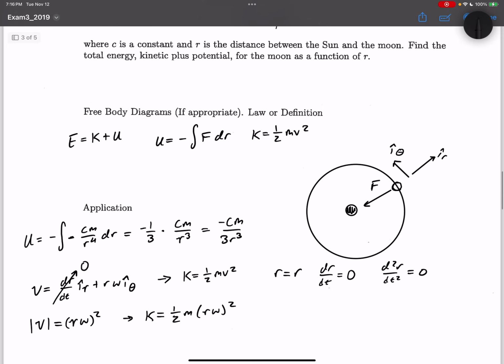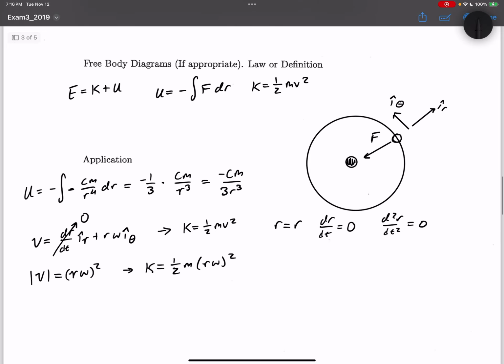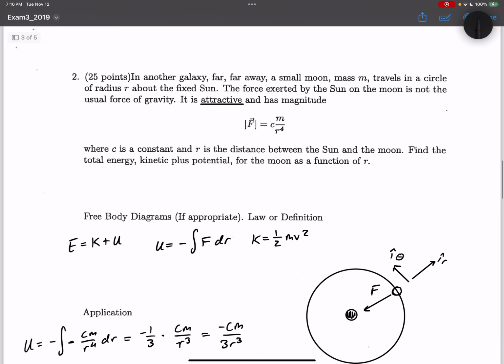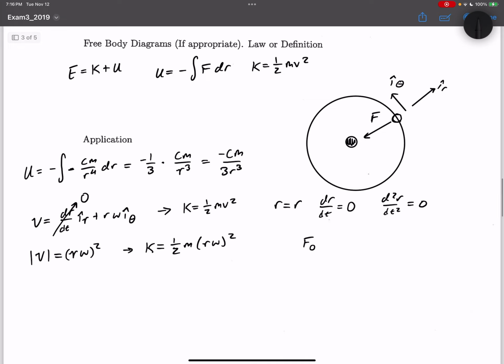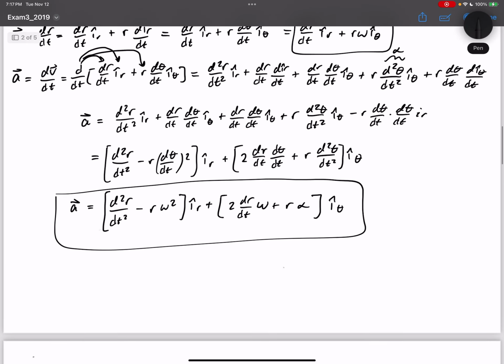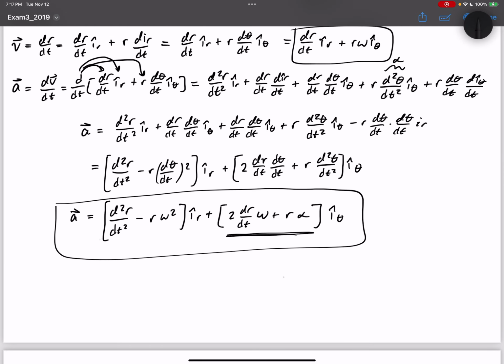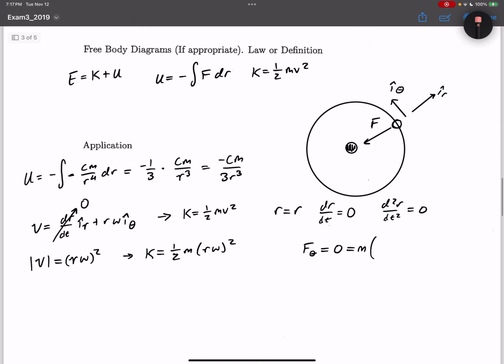The way we can do that is we know that the force is only in the radial direction, so there is no force in the tangential direction, so we can say that F theta equals 0. We can set that equal to m times the tangential component of acceleration, which, since dr/dt would be 0 in this problem, is just m r alpha.